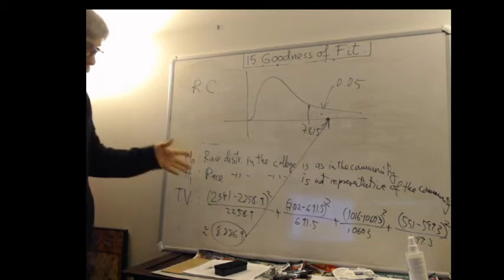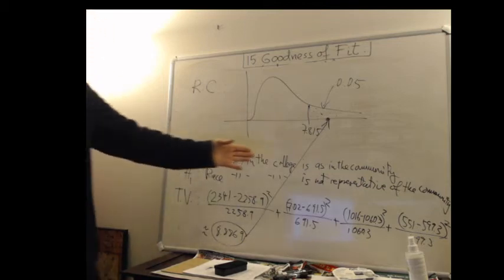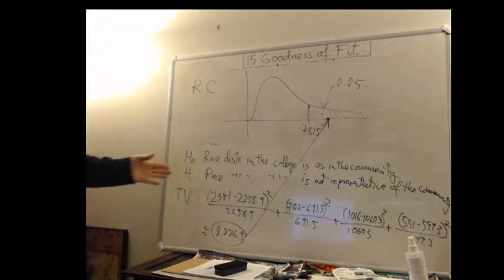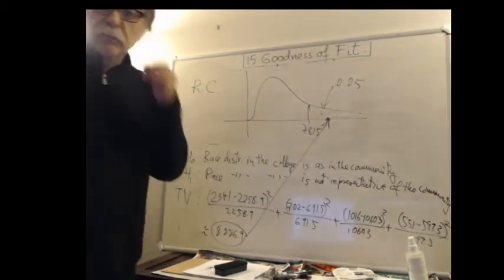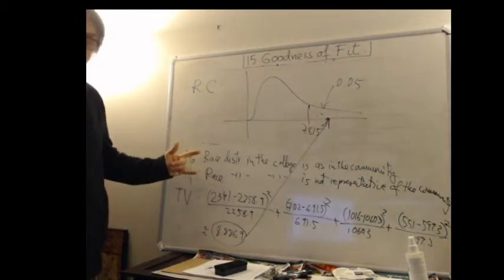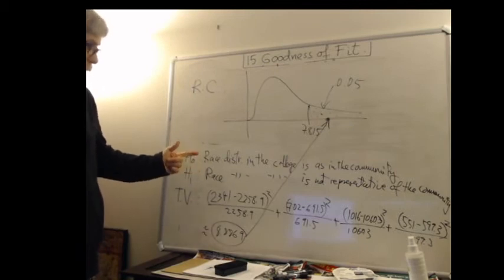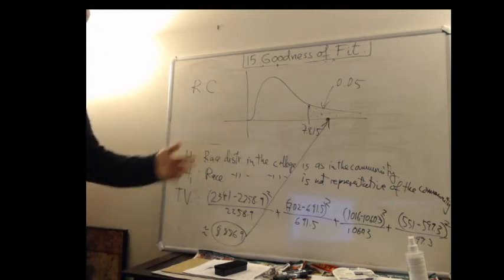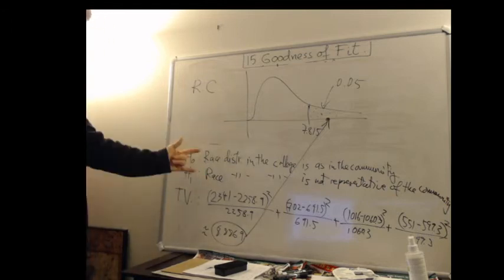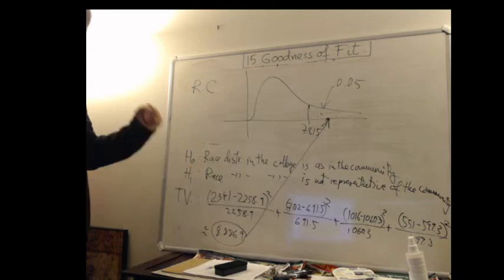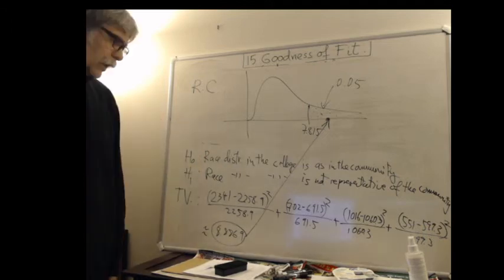No, they are actually verbal. So the race distribution in the college is representative of the community, race distribution in college is not representative of the community. And they're, by the way, conflicting, right? This is truly a statement, and this is exactly the negation of this statement. So there's nothing like left and right, it's just simply negation of this statement. They are in conflict with each other, they're inconsistent.